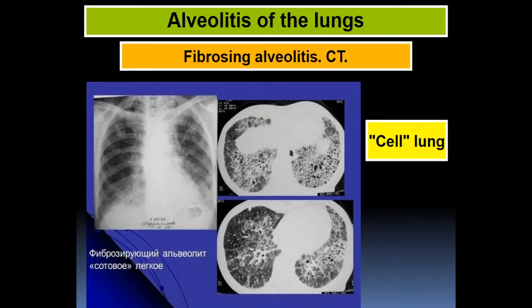On CT scan, we can see cell lung. Fibrosis, lung tissue changes to connective tissue and forms fibrosis, and many small cavities in the lung in this form. On X-ray it looks like dissemination.